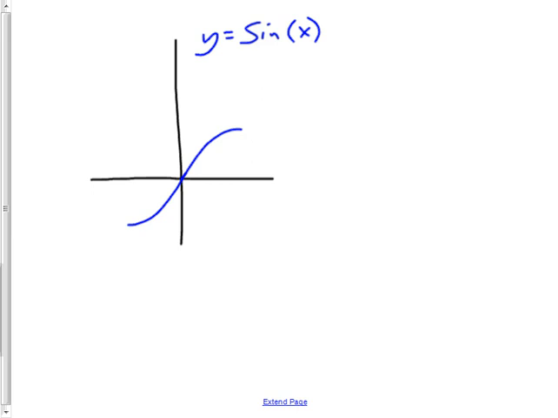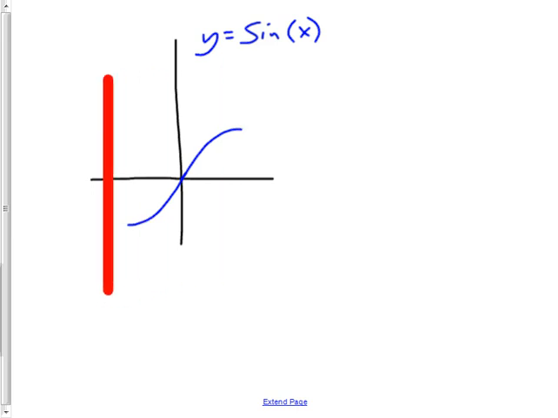Do you remember that there's the vertical line test, but there was also the horizontal line test? By cutting this sine graph down to what I did, it now passes the vertical line test, which was like when you run a line over it like this, it never crosses more than once. You know what I'm talking about?